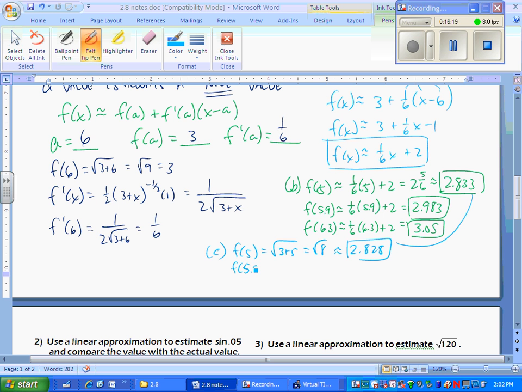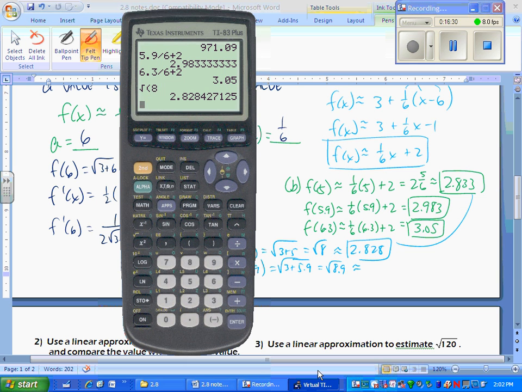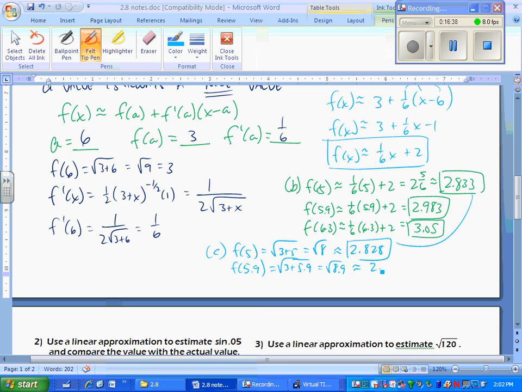If we do f of 5.9, that's a square root of 3 plus 5.9, or square root of 8.9. We get 2.983. And that's exactly the same as our approximation rounded to 3 decimal places. You can see that's closer to 6.